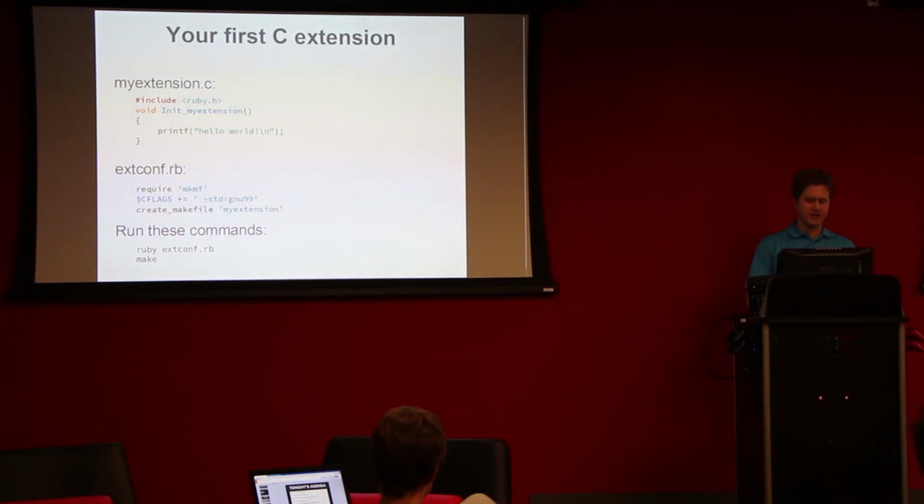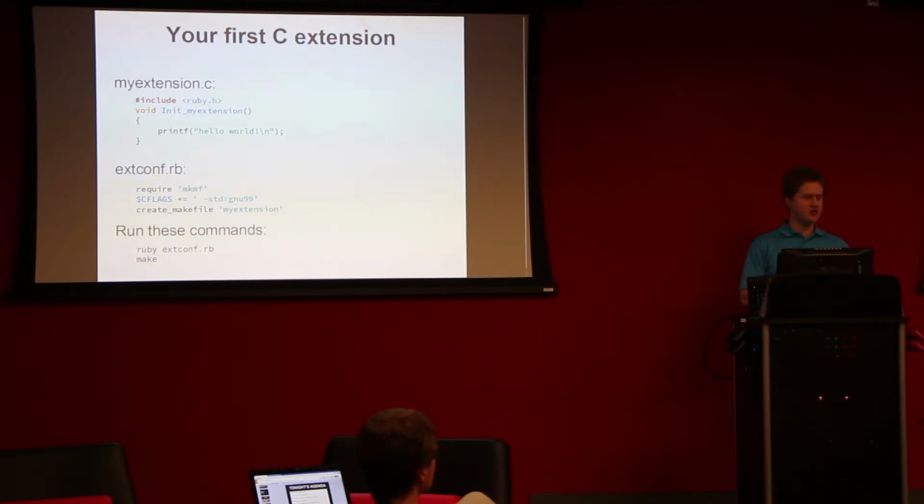It's basically just defining an option to our compiler. If you want to define other options to your compiler, you would add it in there. And the third line is just kind of boilerplate. It tells it to create a makefile.